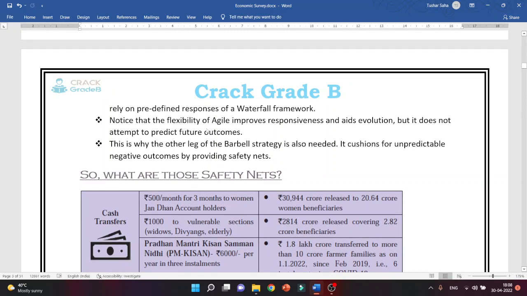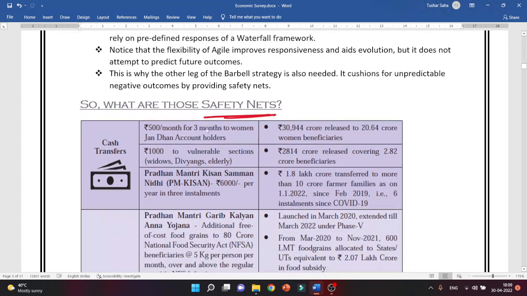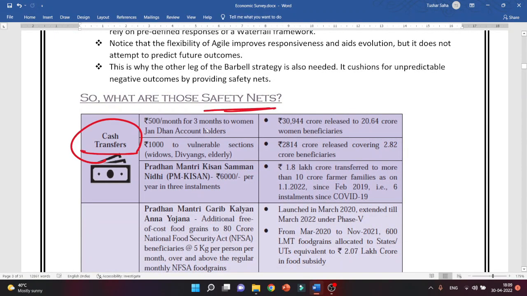Now, what were those safety nets? Because the government was immediately responding to the challenges that were coming in the economy, and the government was adopting some safety nets. These safety nets are cash transfer: 500 per month for 3 months to women Jan Dhan account holders, and 1000 to vulnerable sections, widows, Divyangjans and elderly. Then PM Kisan, Pradhan Mantri Kisan Samman Nidhi, 6,000 per year in 3 installments, meaning 2,000, 2,000, 2,000.